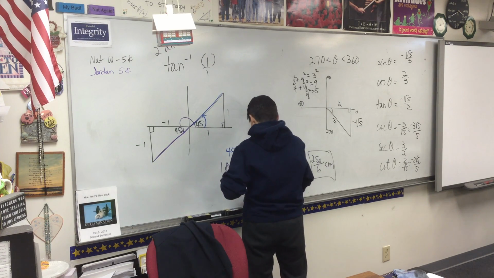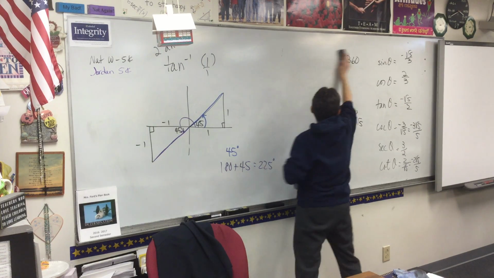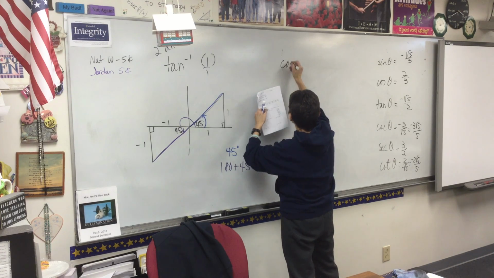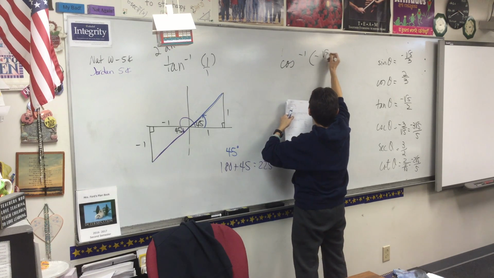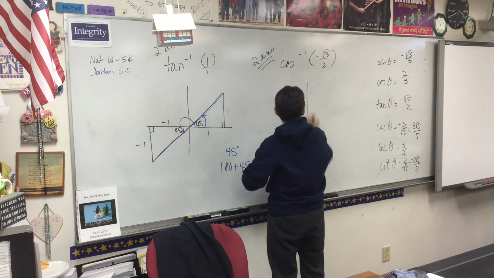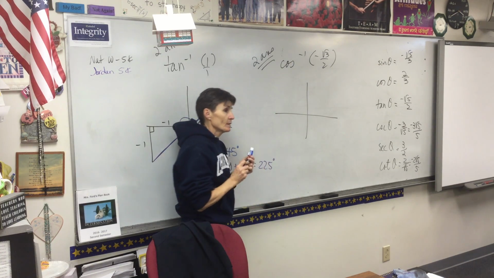The test will only have one of these on it, but here's another one to practice. So this one also has two answers. The first thing you have to do is figure out where you're going to draw.